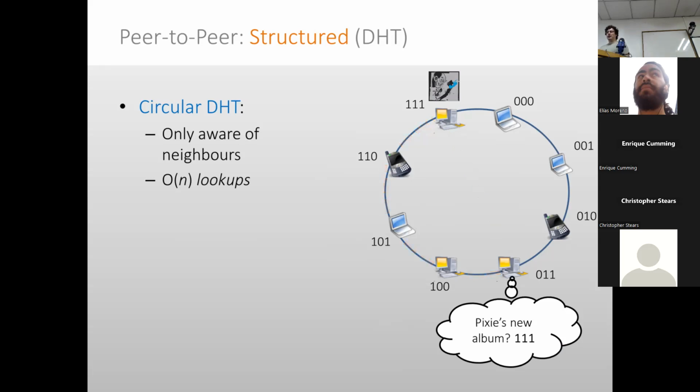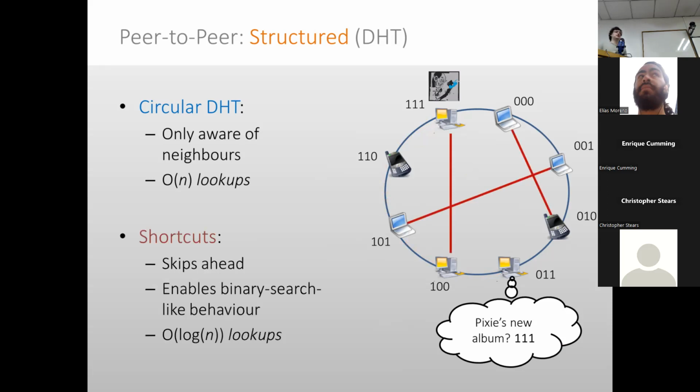If we want to make this more efficient, what we can do is implement shortcuts in the circular DHT. It's a bit like snakes and ladders: we can create bridges from one side of the circle to the other that allow for skipping neighbors.